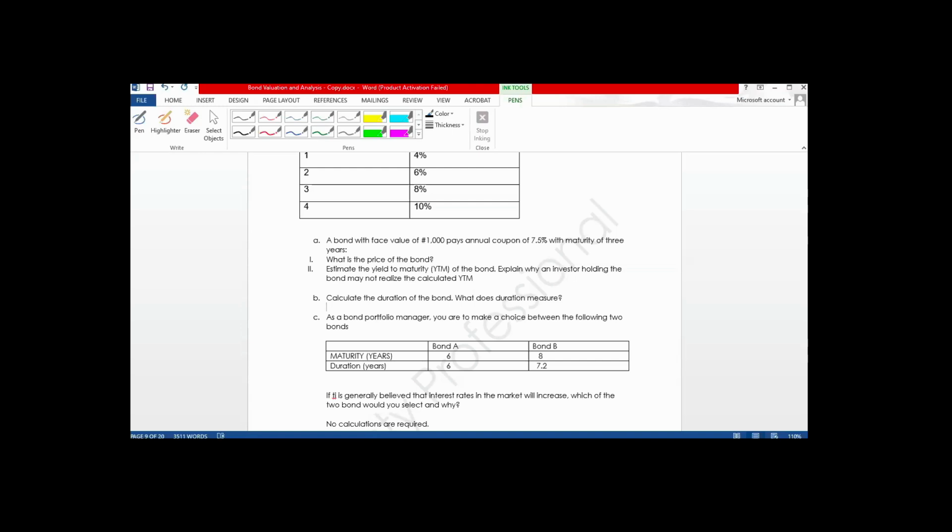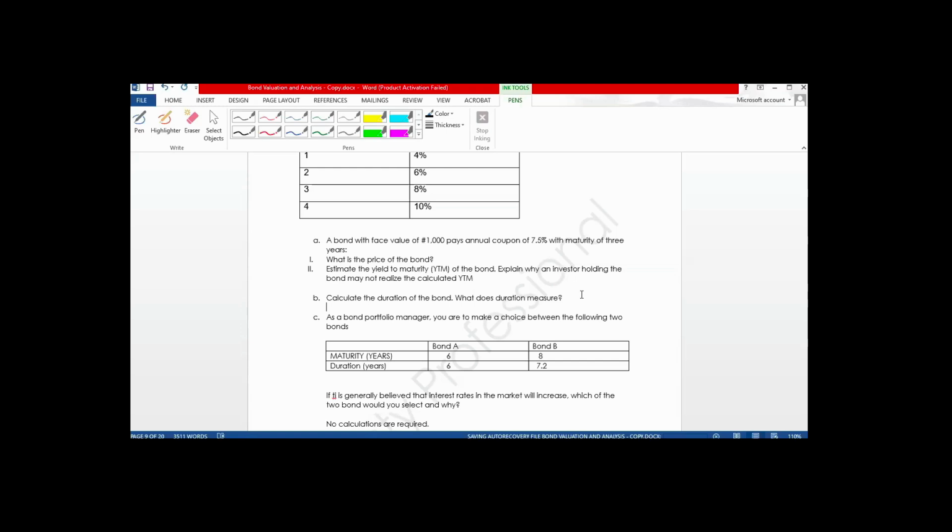We have bond A and bond B. Bond A is for 6 years maturity. Bond B is for 8-year maturity. Duration of bond A is 6 years. Duration of bond B is 7.2 years.